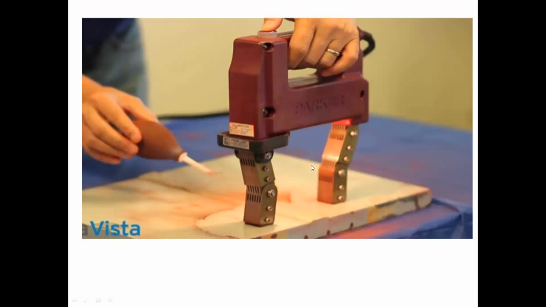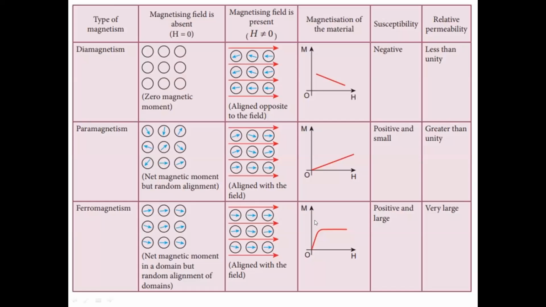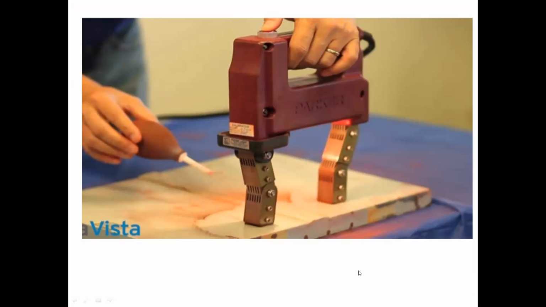Now we see the magnetic particle testing principle. Here this is the magnetism. To magnetize the material, we are using yoke type equipment here.